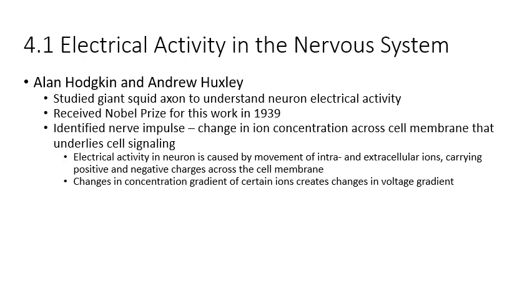They found out that the electrical activity in a neuron is caused by movement of intra and extracellular ions carrying positive and negative charges across the cell membrane, and that changes in the concentration gradient of these ions create changes in the voltage gradient. And this is what underlies cell signaling, and so that's what we're going to talk about for pretty much the rest of this chapter, this basic process.